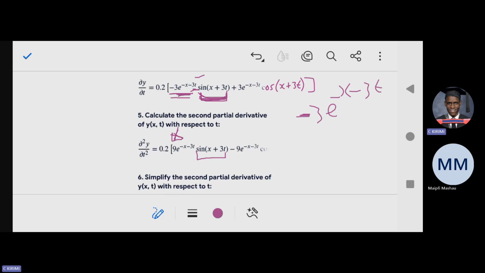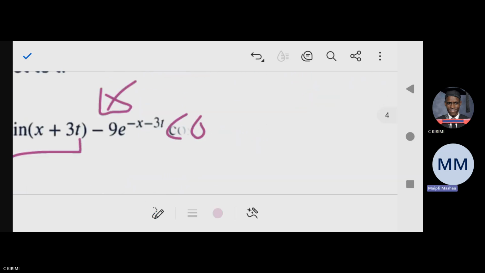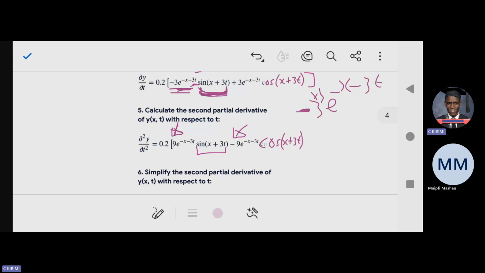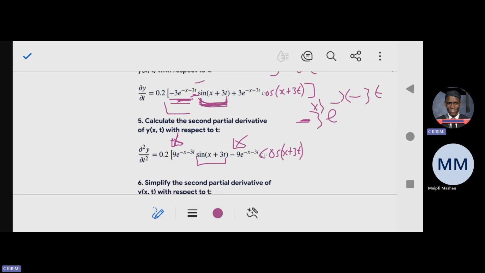Okay. So that 3, which is going to multiply by cos, it will be times 3 here. That's where we are getting the 9 from. So negative 9, then you get cos what? x plus 3t inside the bracket. That was the first differentiating only the first part. We mean this one only, just from here to there. And I'm left with this part to differentiate it again. Can you see?